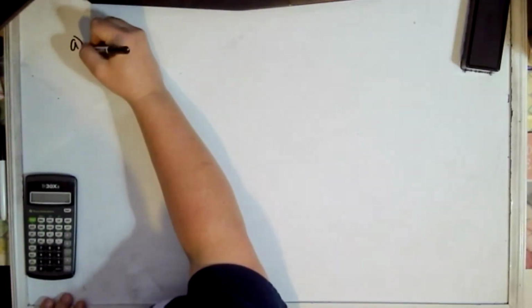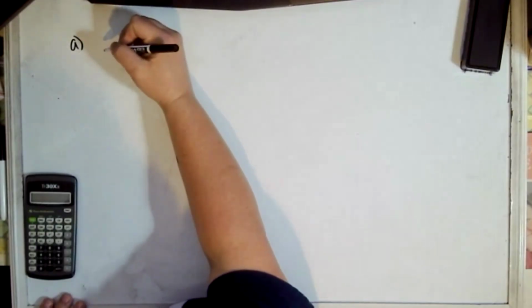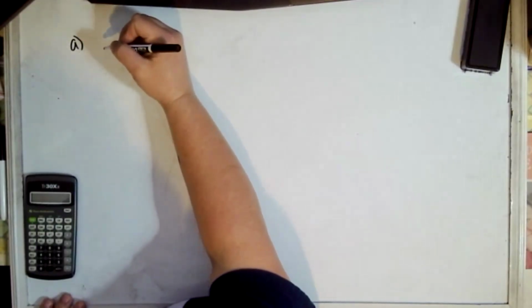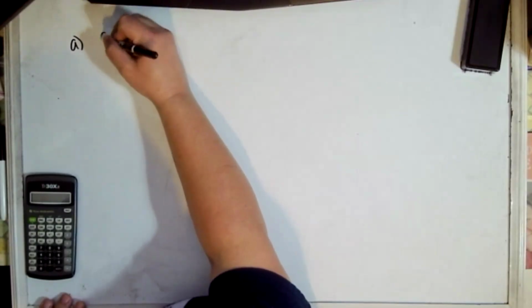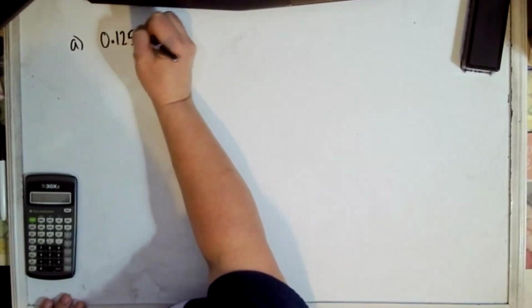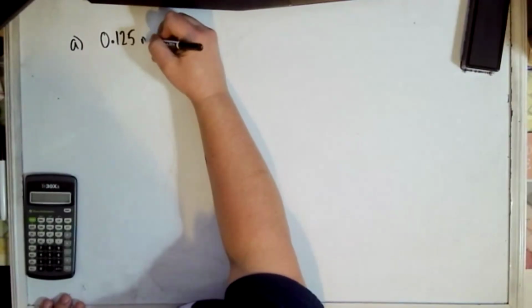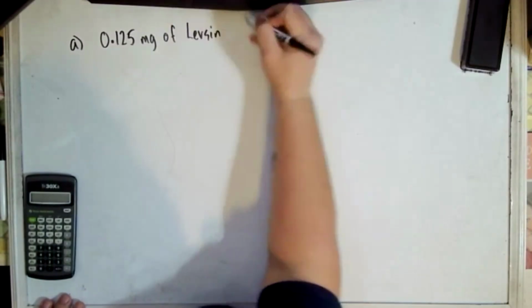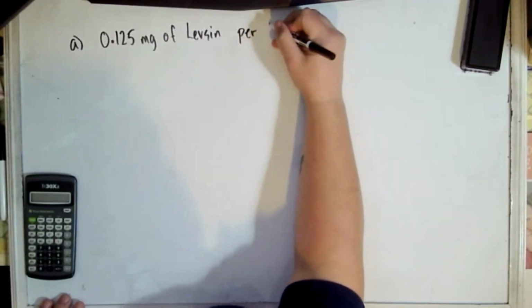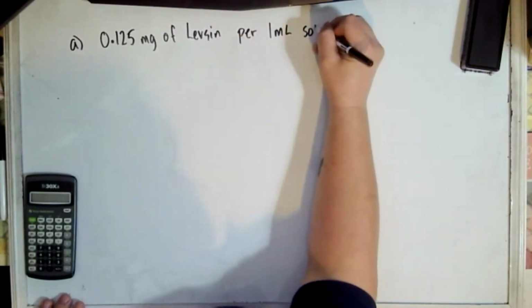And for our next one, they say Levsin, used to treat stomach and bladder problems, is available as drops with 0.125 milligrams of Levsin per 1 milliliter of solution.